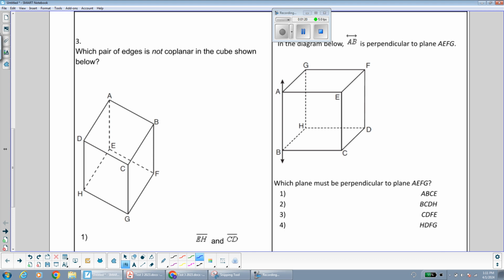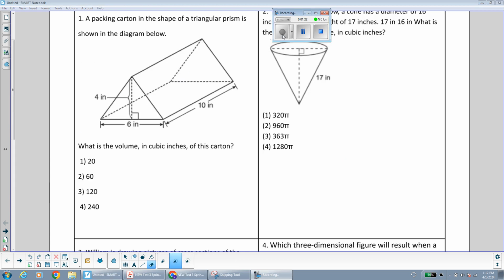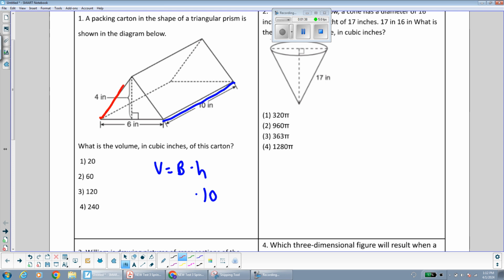In number 3, to find the volume of this triangular prism, it is area of the base times the height. So the height of the entire prism is 10. So 10 is what's going to go in for the height. The area of the base is the area of this triangle, and area of a triangle is 1/2 base times height.